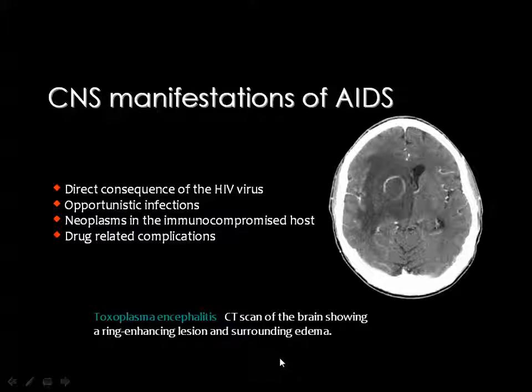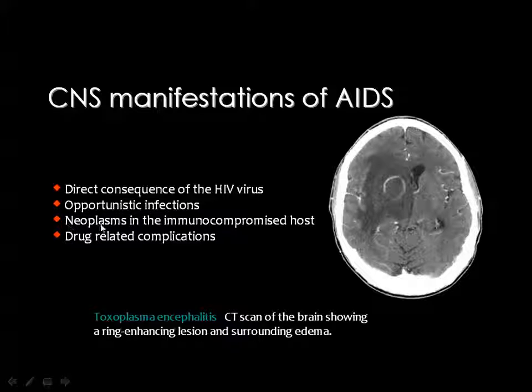Then finally, we come to the manifestations of AIDS inside the brain. The manifestations may include a direct effect of the virus itself in the brain parenchyma, or the virus being a major cause of immune compromise, which allows many opportunistic infections to go inside the brain.